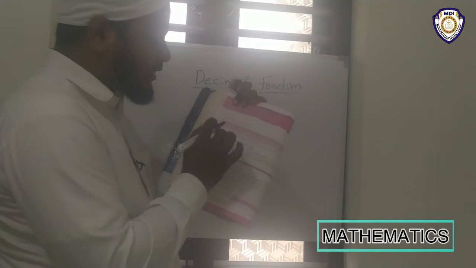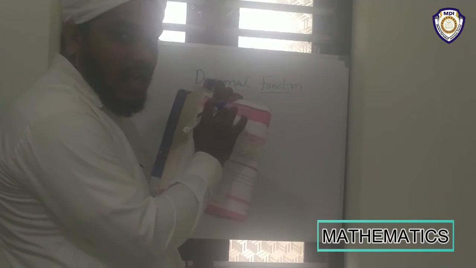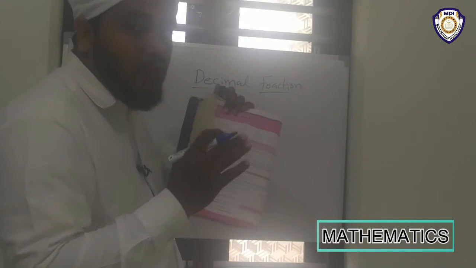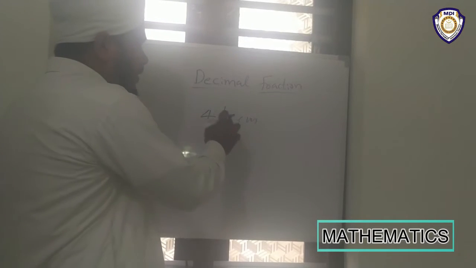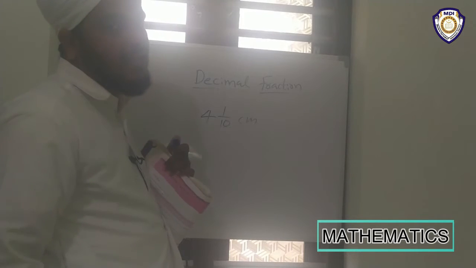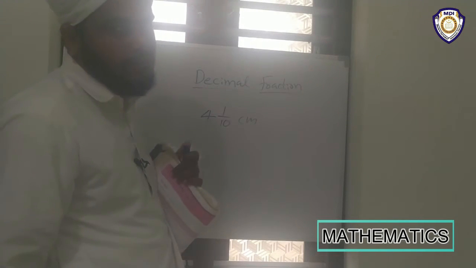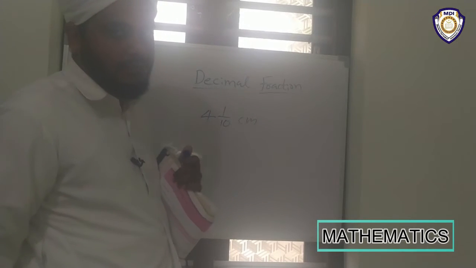The length moved only 1 division of 10th, so it can be written 1/10. Then 4 1/10. This is a mixed fraction.